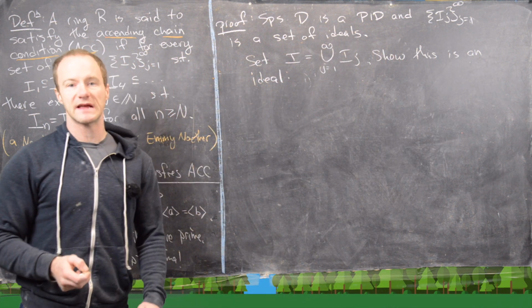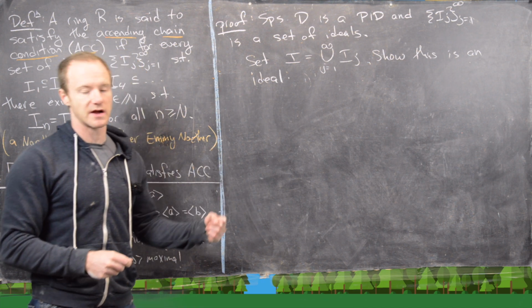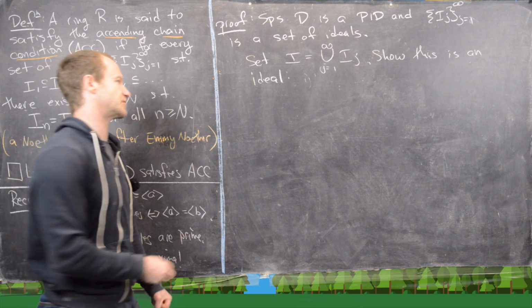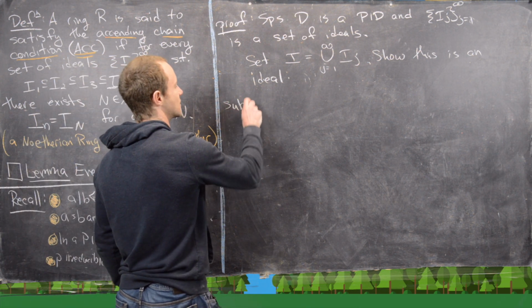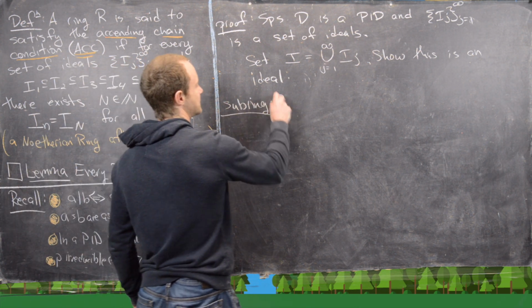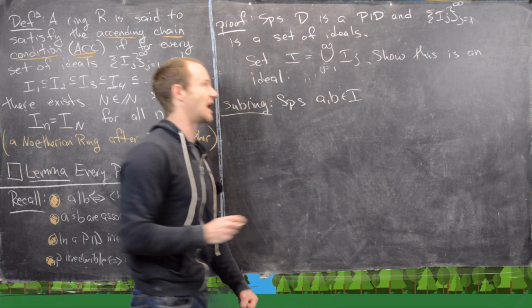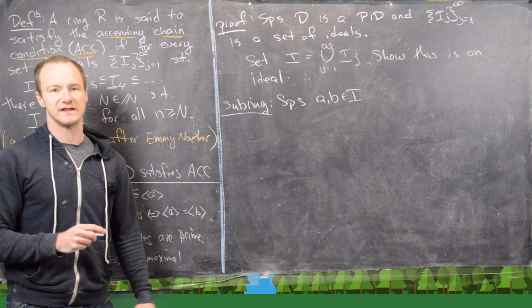Recall, being an ideal means it is a subring, and it means that it satisfies this absorption property. So let's first show that it's a subring. Let's suppose that a and b are inside this I, in other words, the union of these ideals.